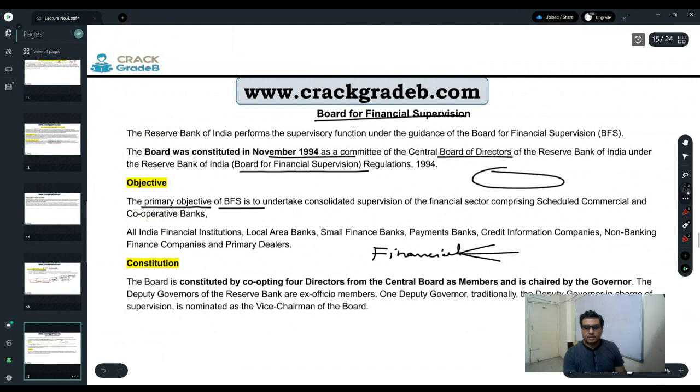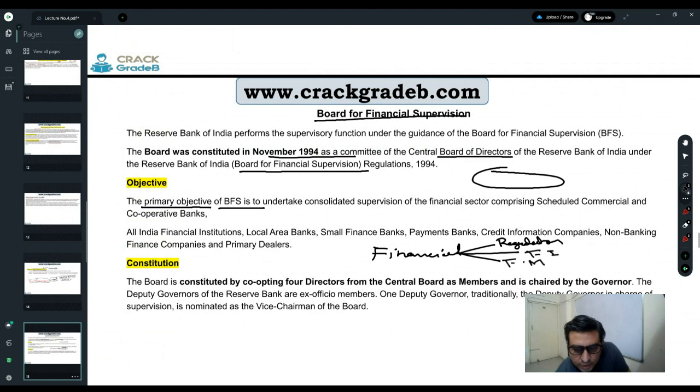When I told you about the financial system, I told you the financial system has three parts. One part of the financial system is regulators, financial intermediaries, and third is the financial market.